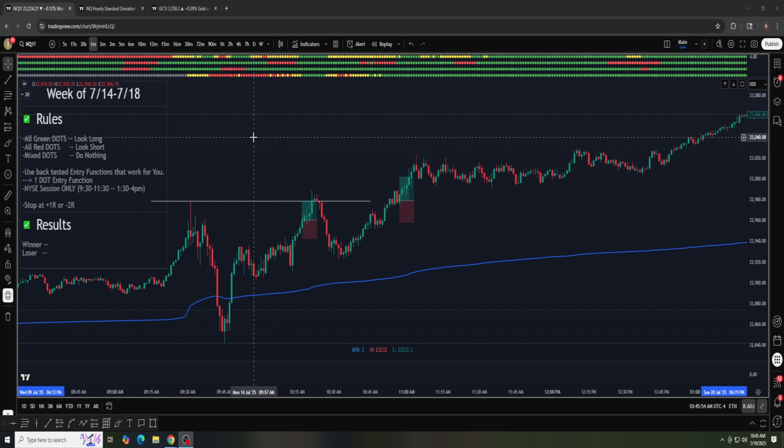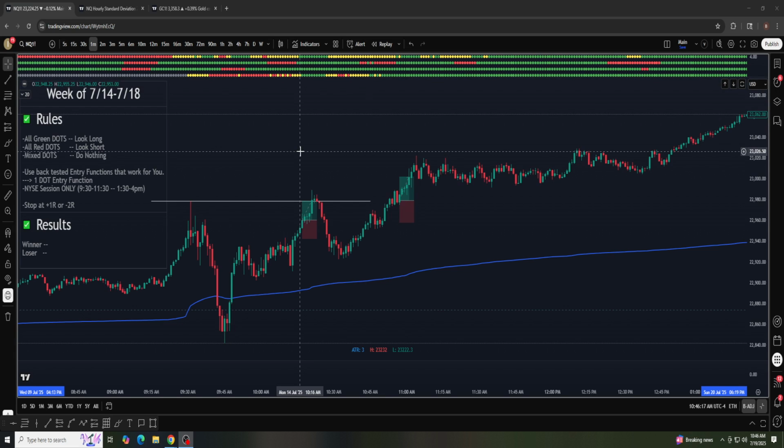So this video is just going to go through a very simple entry model that if you want to use, I suggest you backtest. But I like to demonstrate the effectiveness of the dots bias indicator using this one simple entry function. It kind of strips out everything else.